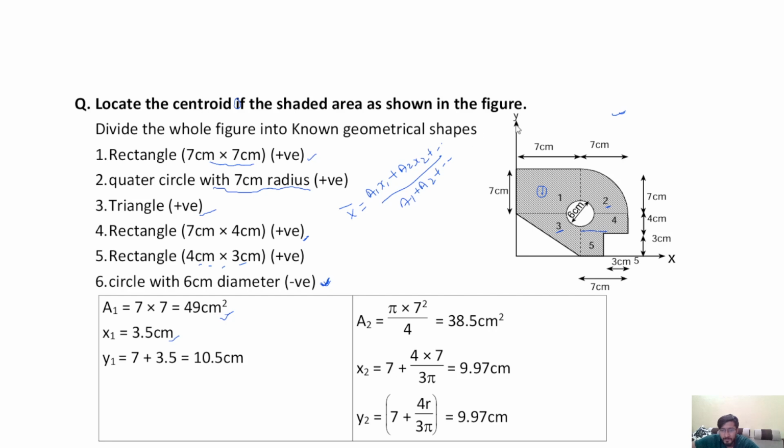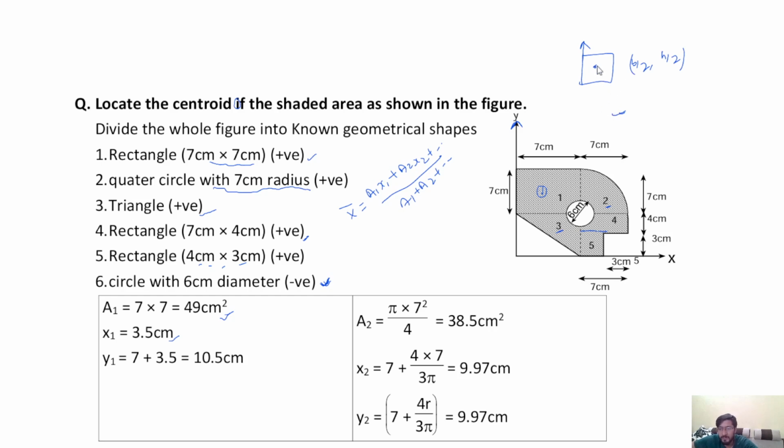So this is the reference y-axis, and the centroid of this rectangle is b by 2 and h by 2, which we have already known.